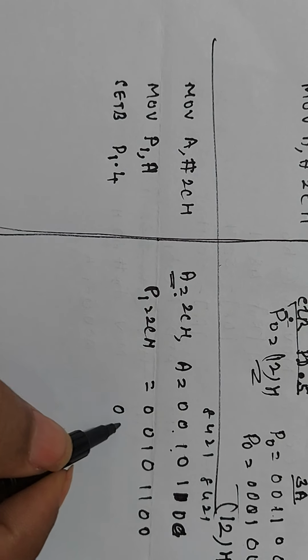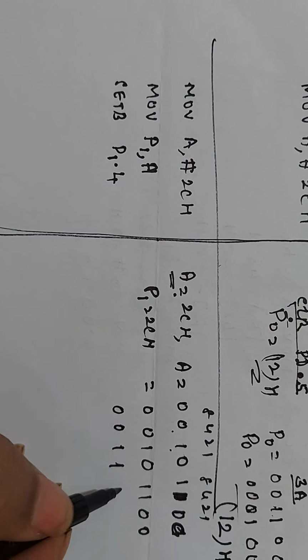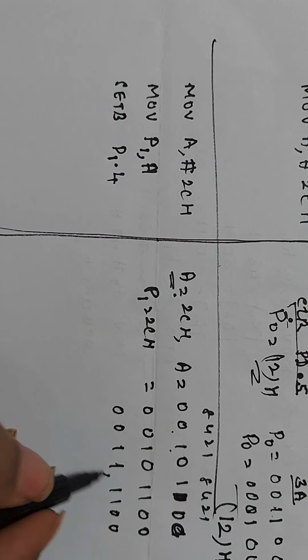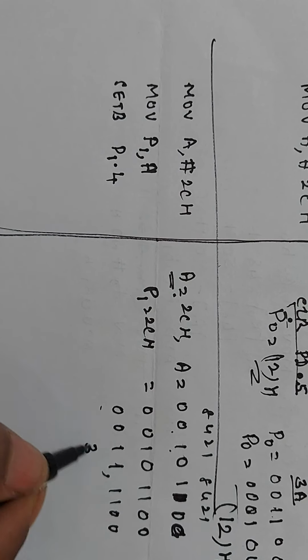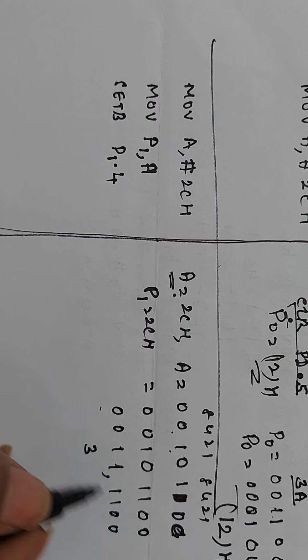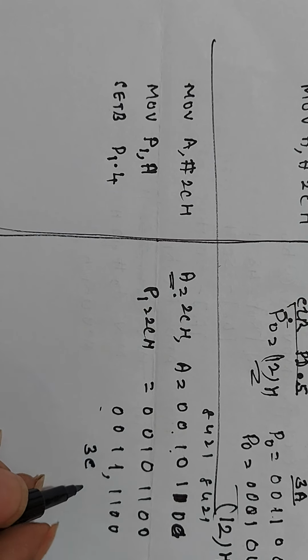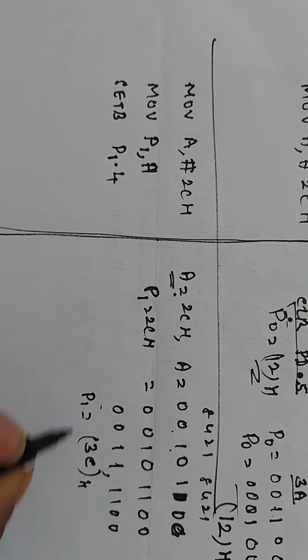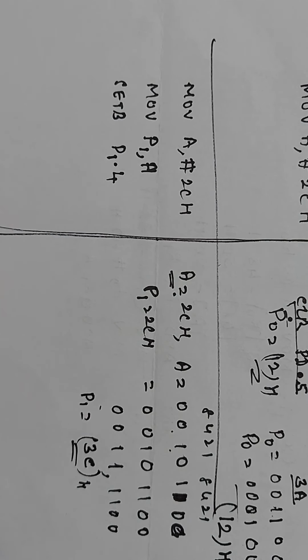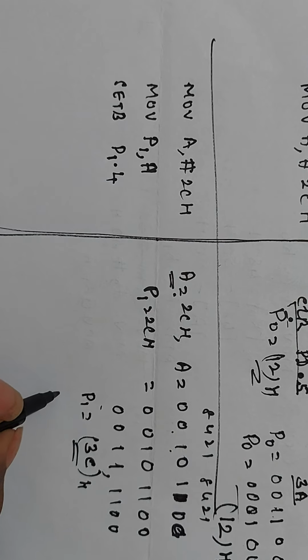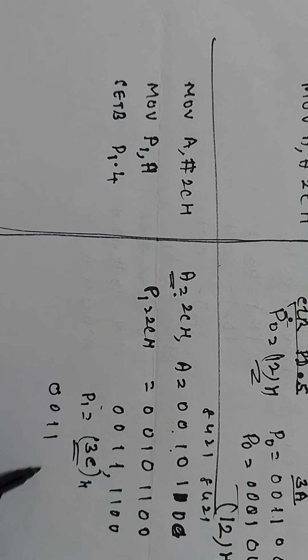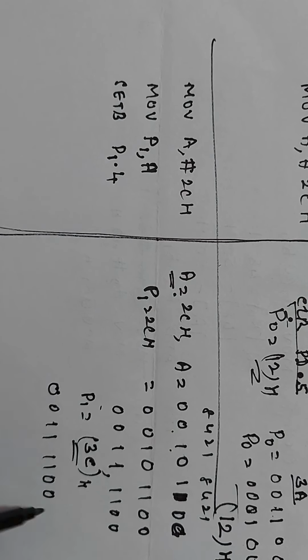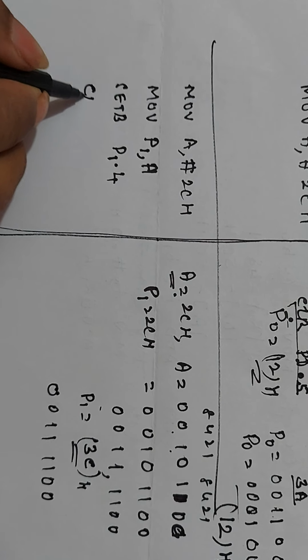And then in the next case it becomes 00111100. That is 2, 1, 3, 8, 4, 12, that is C. 3CH. Now port P1 contains 3CH. So what is 3CH? It is 00111100.